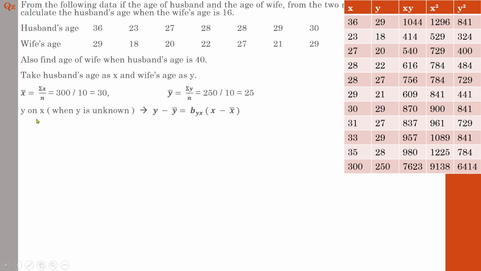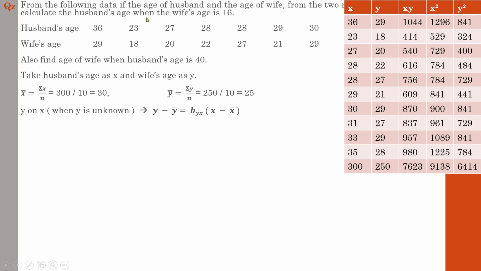So first, what is y on x? Y on x is used when y is unknown. See, in this question, calculate the husband's age when the wife's age is 16. Husband's age means we assume that husband's age is x. Wife's age is y.